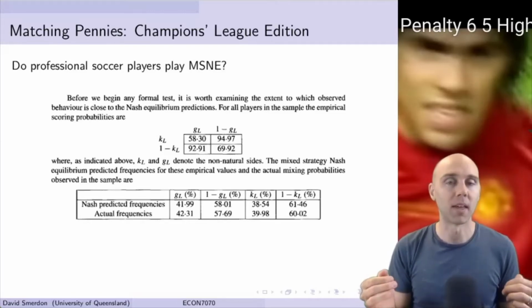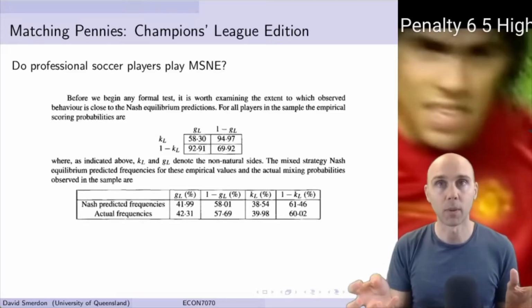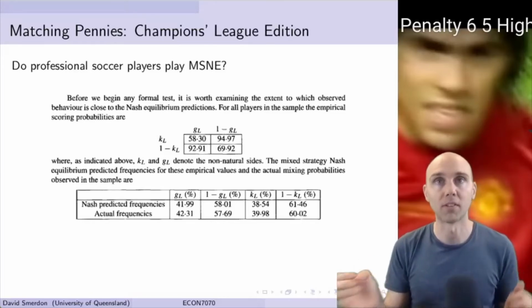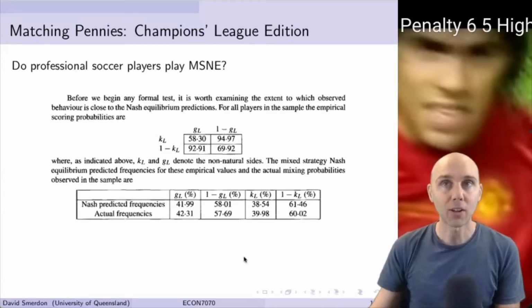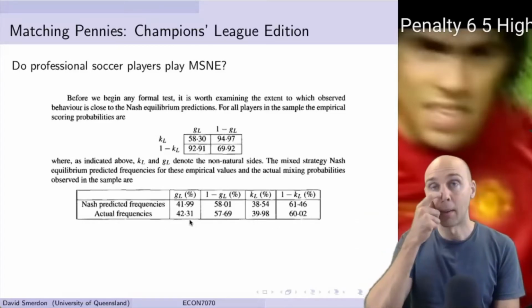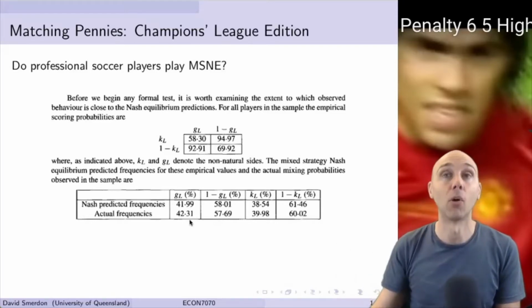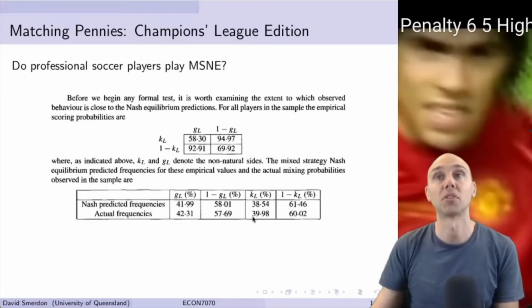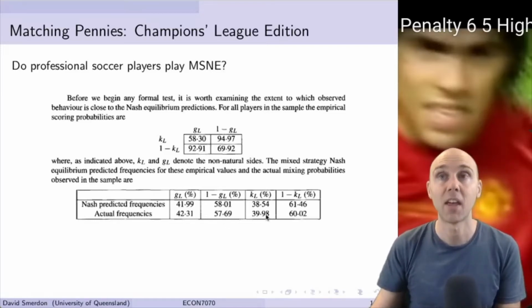The way we've looked at it, it's been P and 1 minus P, Q and 1 minus Q. And then they looked at what the actual frequencies were from the different players. So this, for example, is the proportion of the time that the goalkeeper has dived to his left, the proportion of the time the goalkeeper has dived to his right, the proportion of the time the kicker has kicked to his left, and so forth.